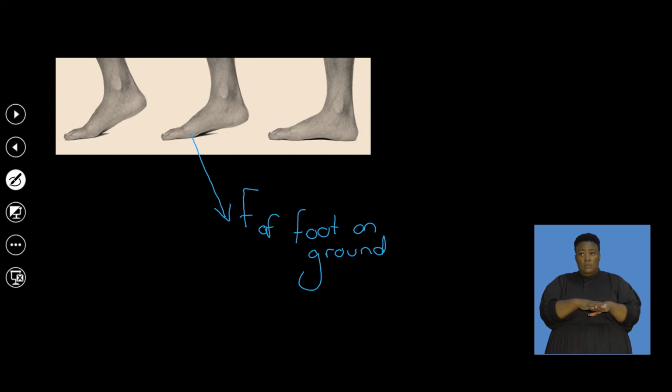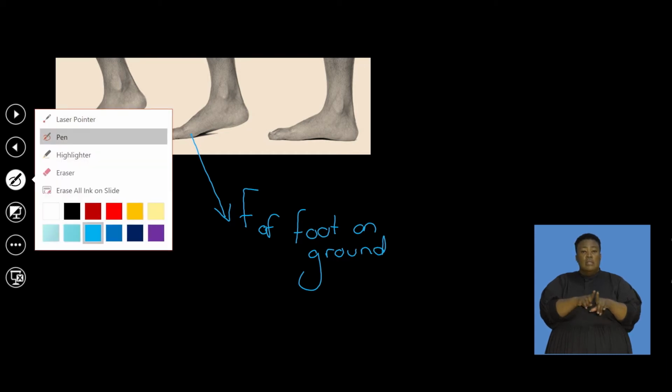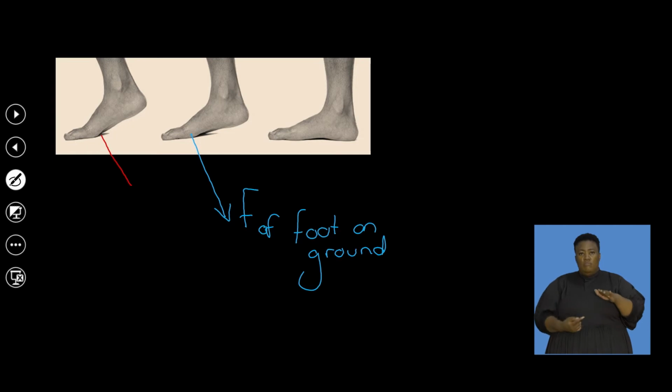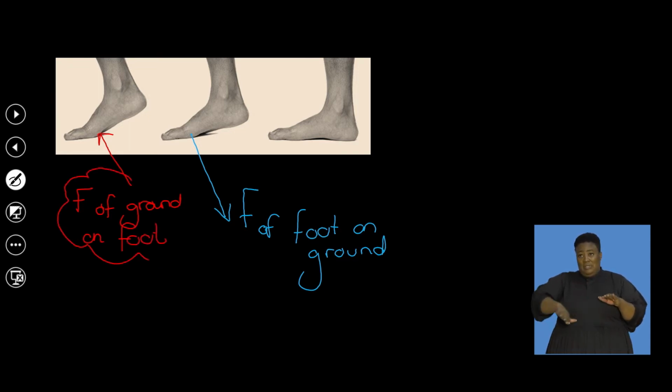At the same time, the ground pushes up on you. So this is the force of the ground on your foot. This force is the one that makes you go forward. This is known as a reaction force.